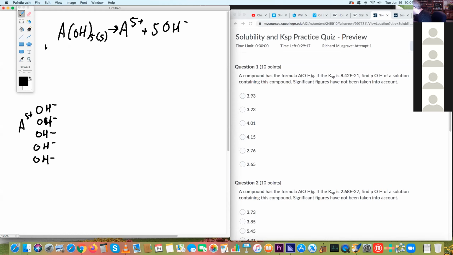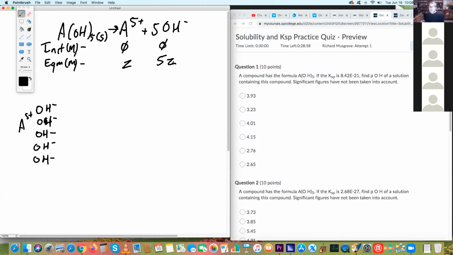And we can apply the same thing as we did earlier. So we've got the initial, which will be nothing for the solid in both the equilibrium or the initial case. That'll be 0 initially. And then, this is important, it could become Z and 5Z over here.